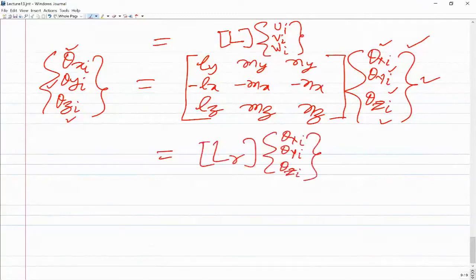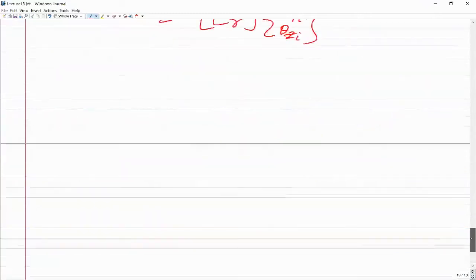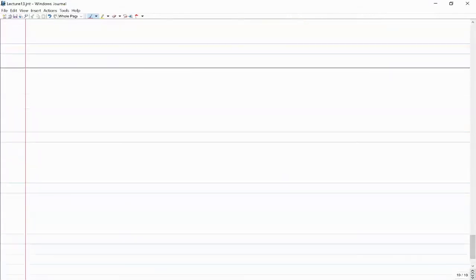And now see, what you need is, the element level governing equation is actually in the local coordinate system. And now we want to write the entire vector of elemental degrees of freedom in the local coordinate system in terms of the vector of elemental degrees of freedom in the global coordinate system.